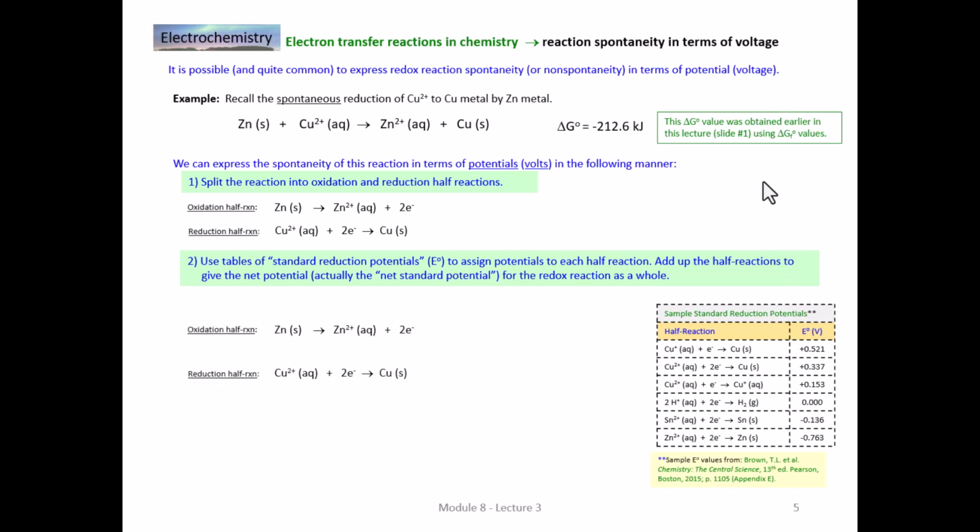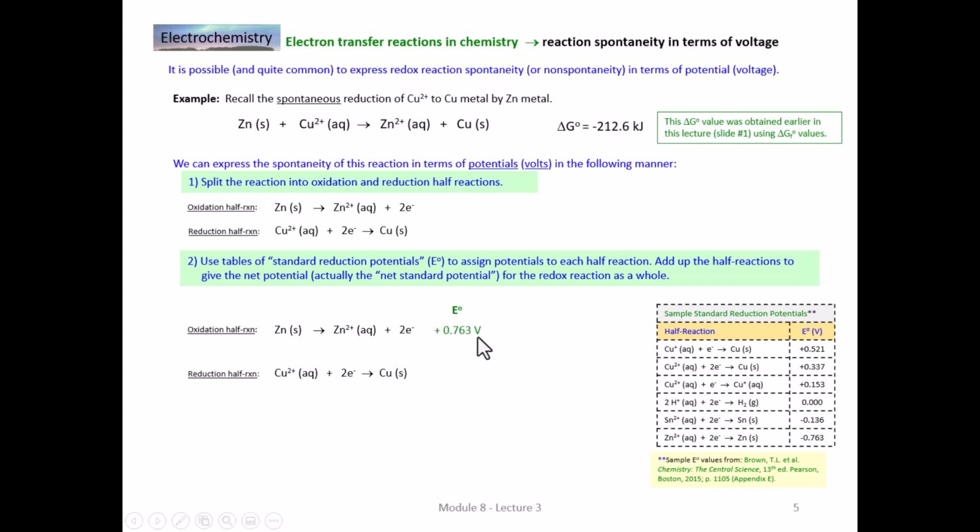I write the 2 half reactions here, and I make a column for the standard reduction potential, or here it's probably better to say just the standard potential. And I'm going to write here plus 0.763 volts.